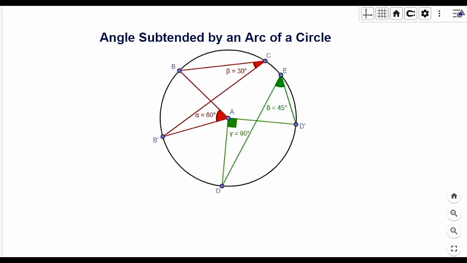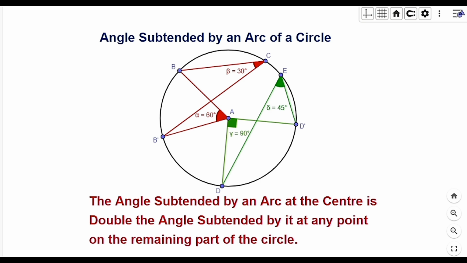Hence, we can say that the angle subtended by an arc at the center is double the angle subtended by it at any point on the remaining part of the circle.